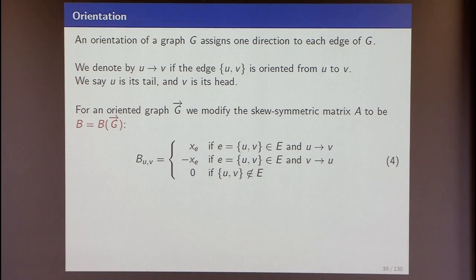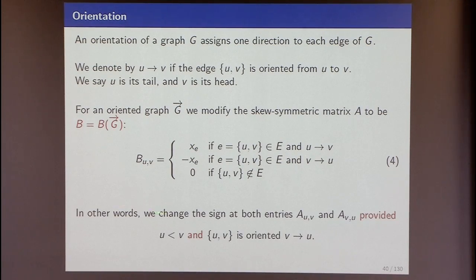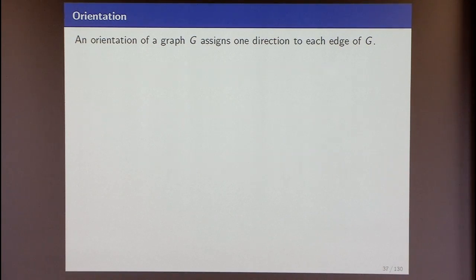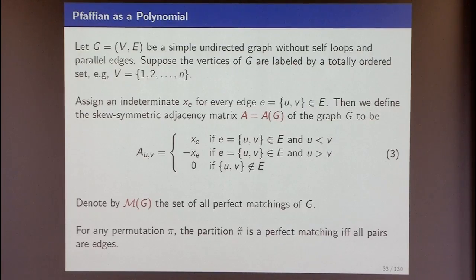Another way of thinking about this is to say that I'll modify the A to B in the following way. This A can be viewed as by default orienting from the lower to the higher. And if I were to orient in such a way that for a particular edge the orientation was the reverse, then I put a negative sign there.